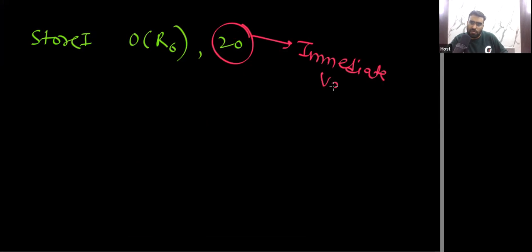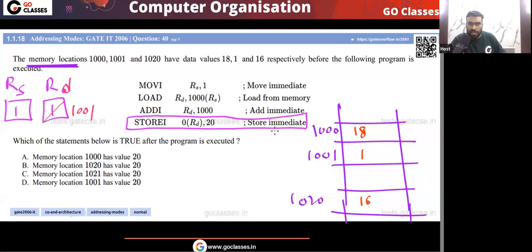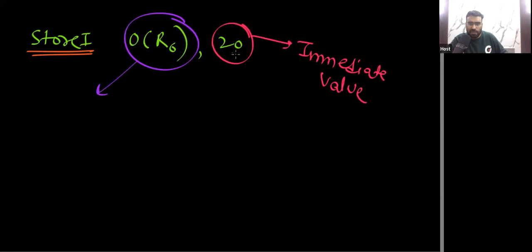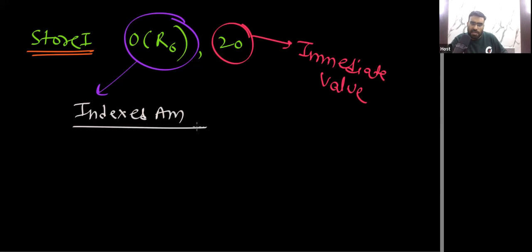So you can see this is the immediate value. And what is this addressing mode? This is your indexed addressing mode.